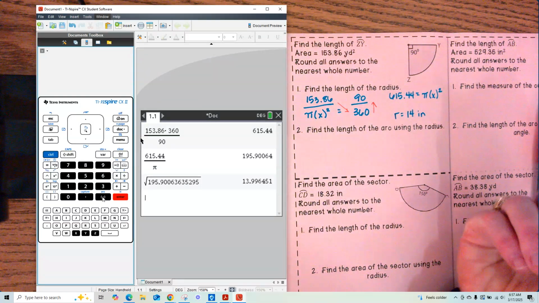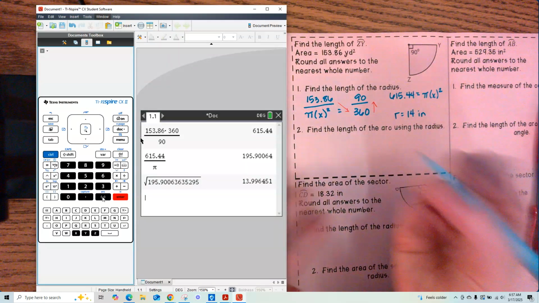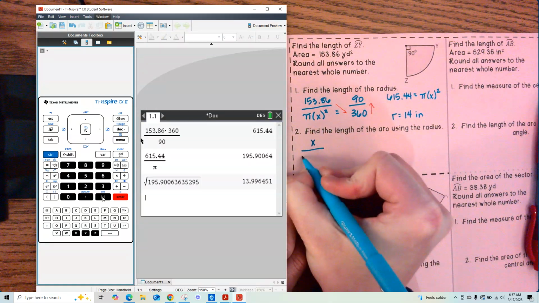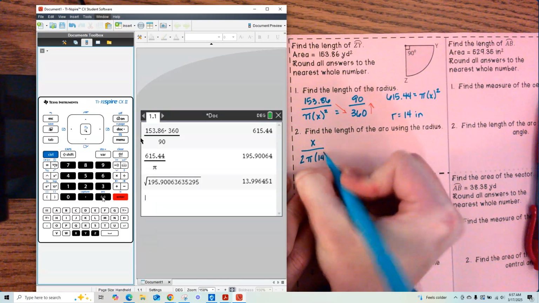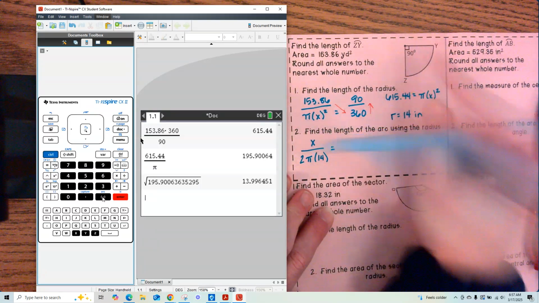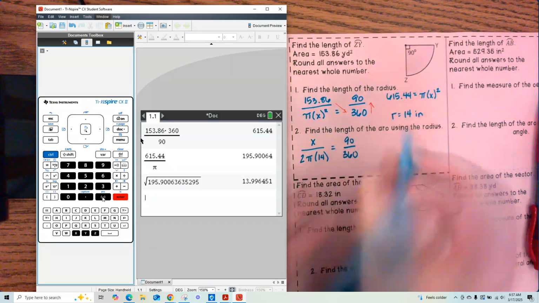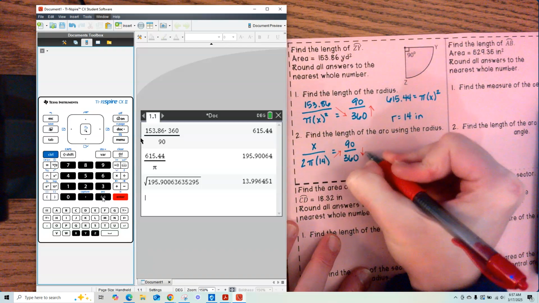So now we can find the length of the arc using the ratio for the arc length. Okay, so length of the arc over circumference, so 2 times pi times the radius equals the measure of the central angle over 360. So again, we're going to cross multiply and then divide.